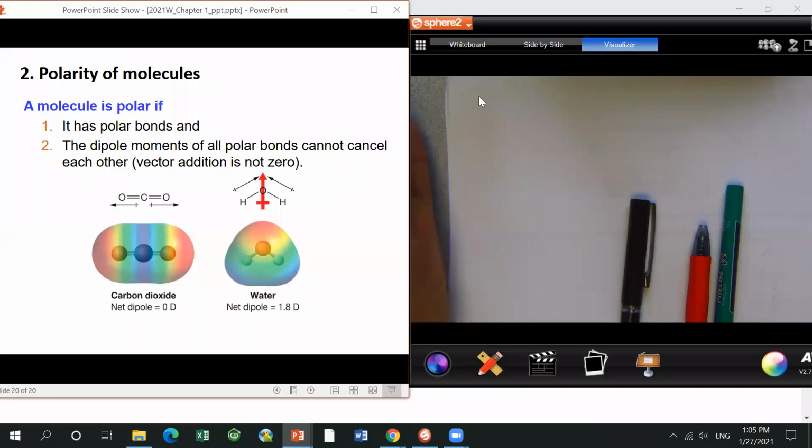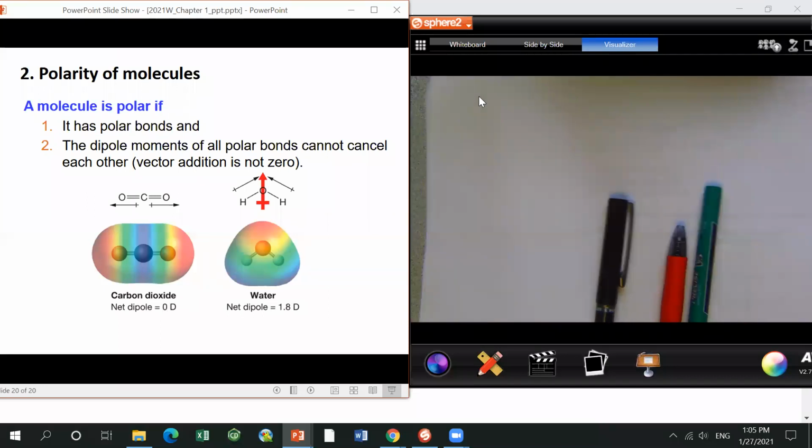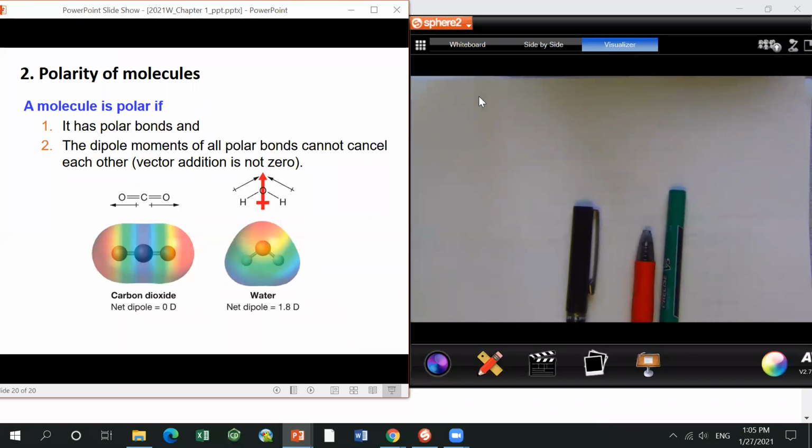All right, continuing our lecture, we have a little bit left over for chapter 1. We already know how to predict molecular shapes by VSEPR theory, and combined with bond polarity, we learned last week how to predict a polar covalent bond, a non-polar covalent bond, or an ionic bond.